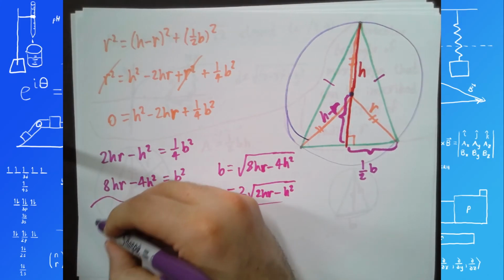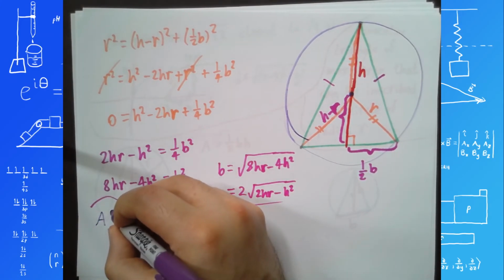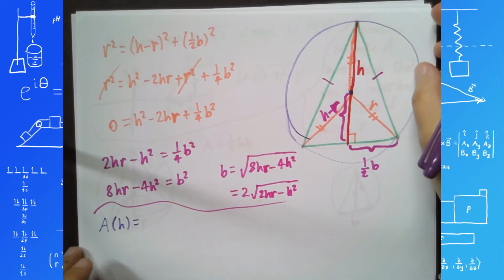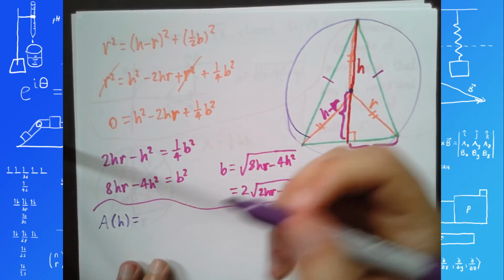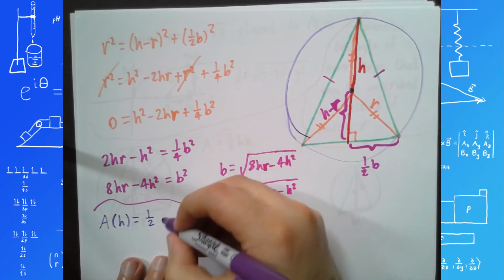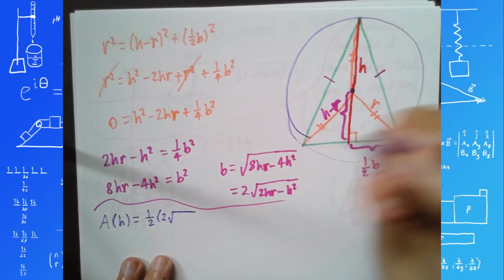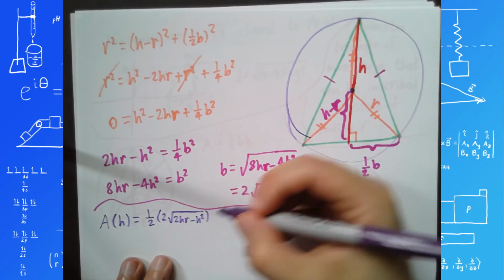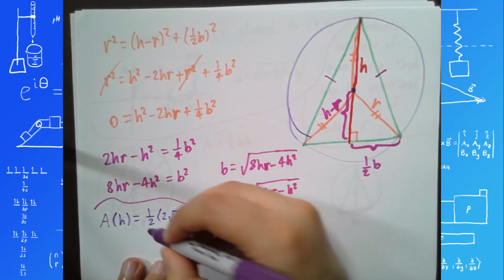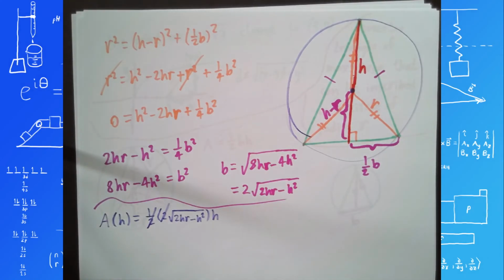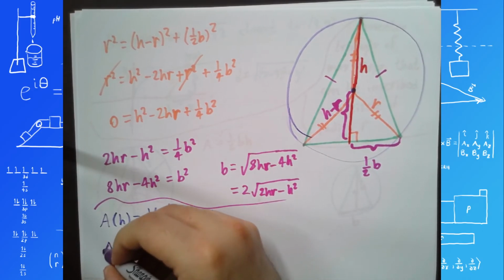If I want to turn it into a function of exclusively height, A of h is equal to 1/2 the base, which is 2 square root of 2hr minus h squared, times the height, which is just h. Okay, it looks like the 1/2 and the 2 cancel out. And there we go. So that's A of h. Let's find A prime of h and set it equal to 0.